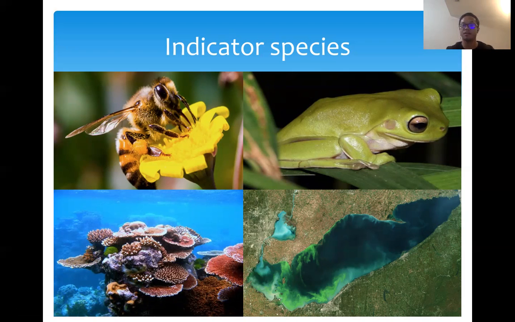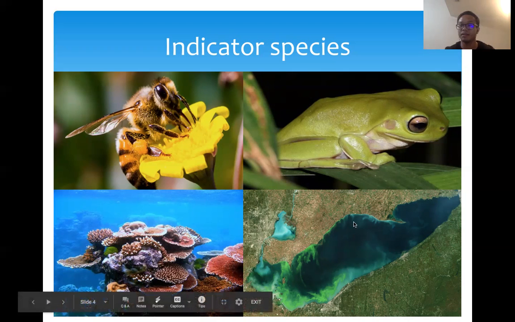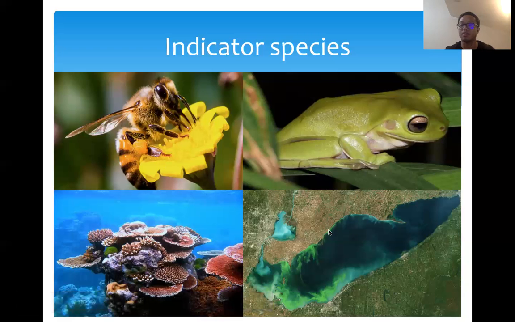They block out a lot of light that should reach the other plant organisms underneath, and they outcompete a lot of other organisms by blocking out the light. So a lot of fish that rely on sight for hunting, and a lot of other plants that rely on photosynthesis to thrive, are affected. The algal blooms act as an indicator, usually in a negative sense, for the wellness of the environment.